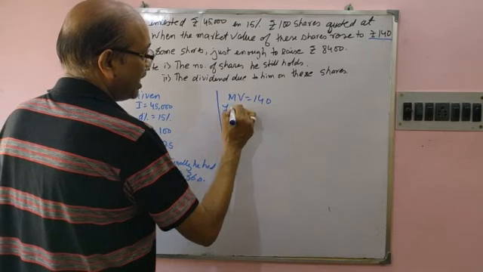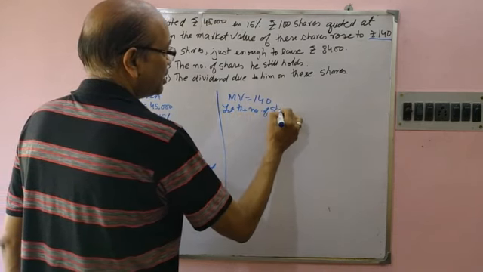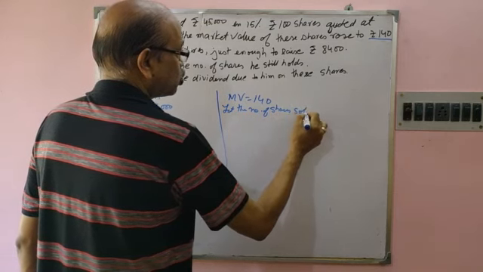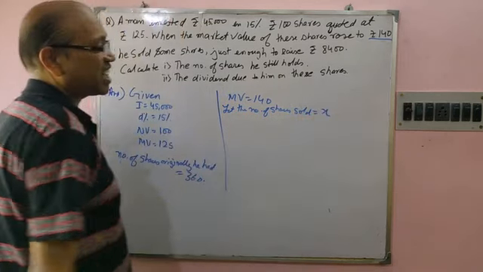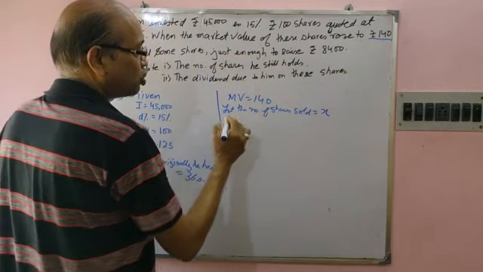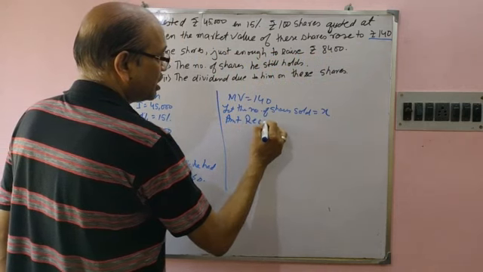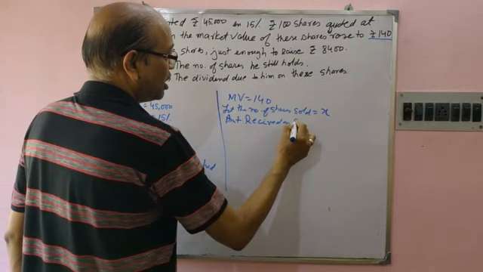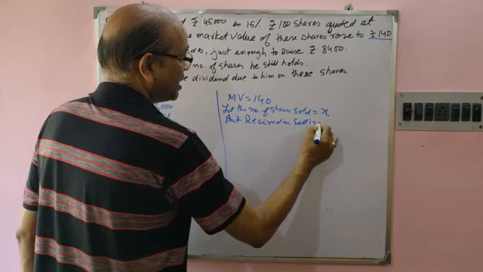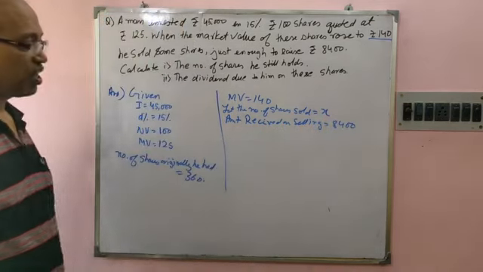Let the number of shares sold be X, and he sold enough to raise 8400. That means the amount received on selling is 8400.